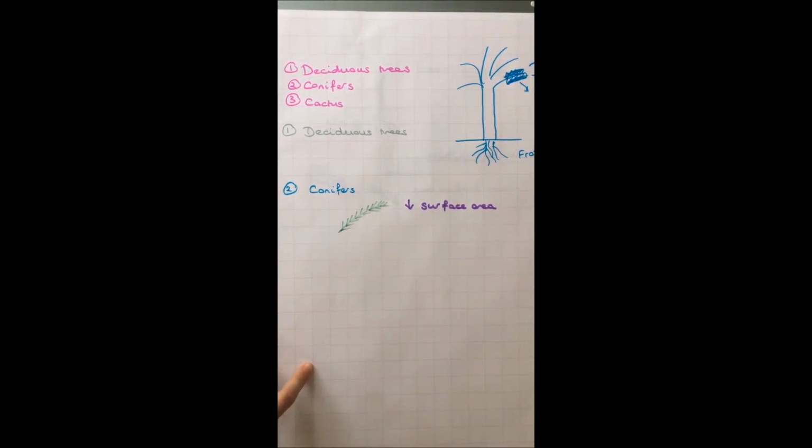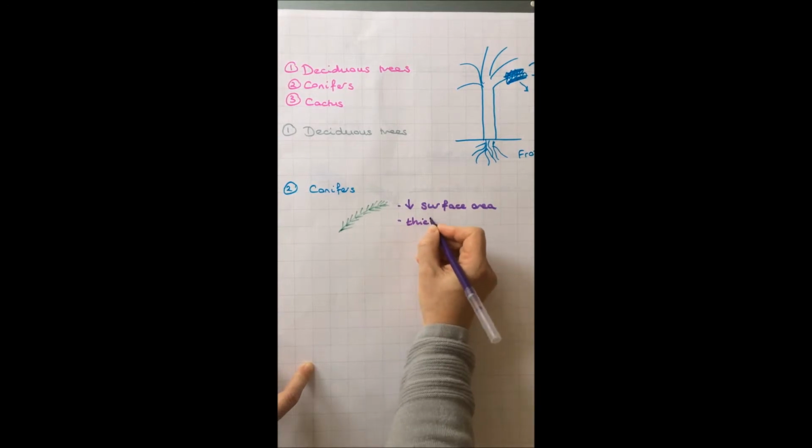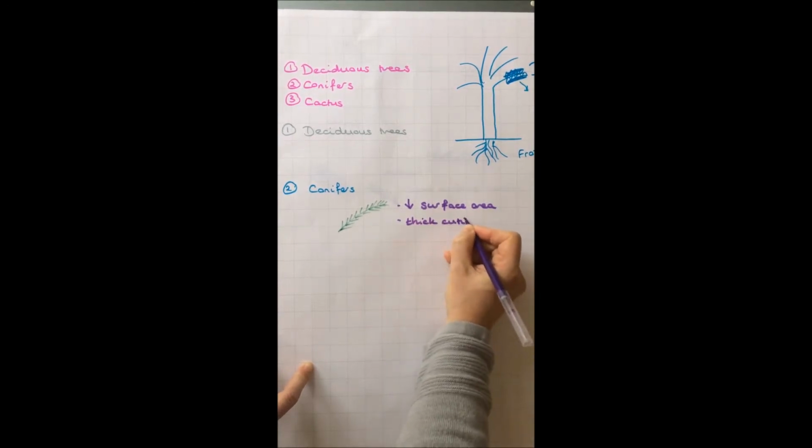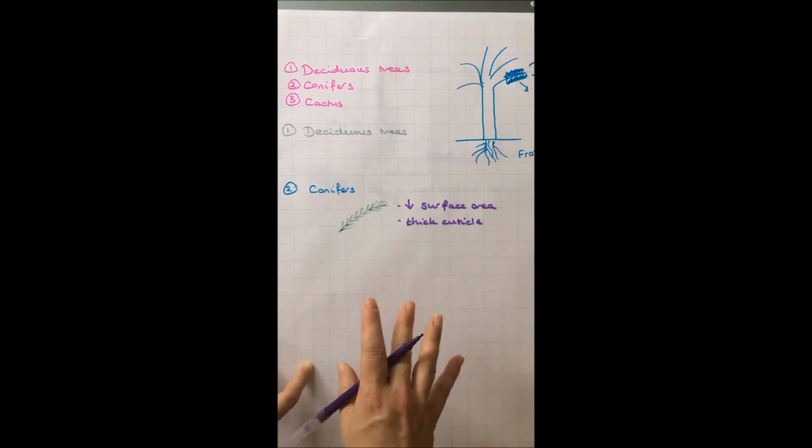If you've ever felt pine needles, like ones that come off a Christmas tree, they have a very thick cuticle. The waxy cuticle on the top is really thick, and that also helps to prevent water loss. The other thing is that in the winter, it's obviously more windy in the UK or in parts of the world, and so the wind is less likely to blow these trees over.